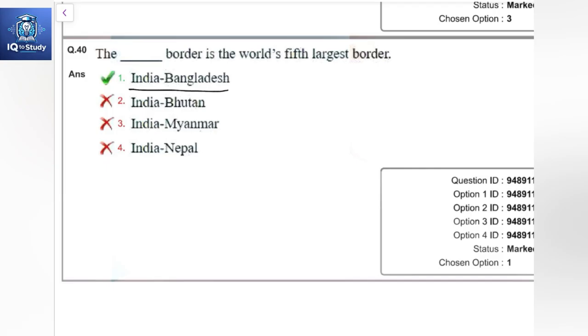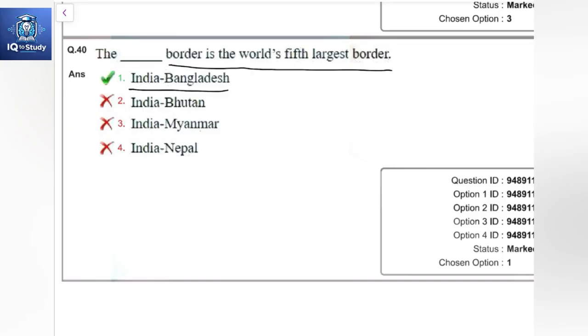India-Bangladesh border is the world's fifth largest border. Five Indian states share their border with Bangladesh.